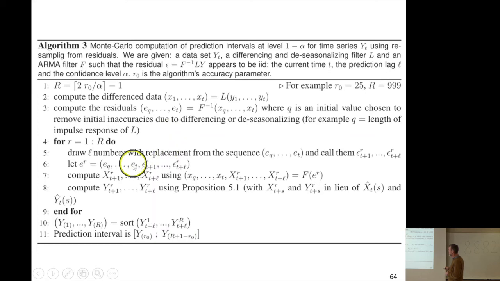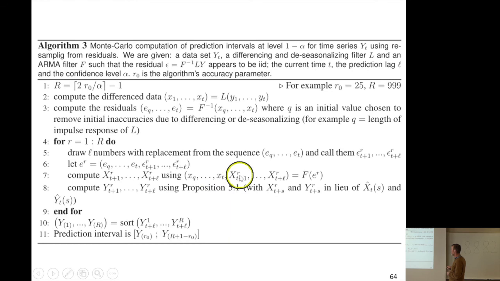And I want to predict the future. So the past, I keep as it is. Up to time t, this is what I have observed. And I want to simulate the future from time t plus 1 to t plus L. So I simulate in the epsilon world by drawing from the residuals.